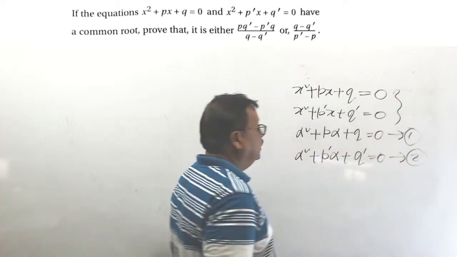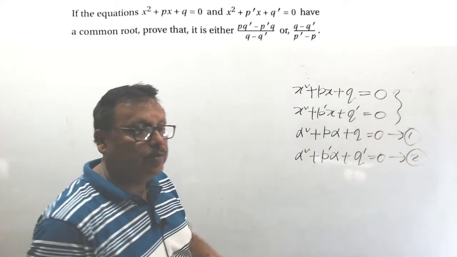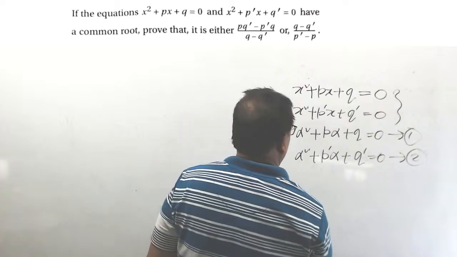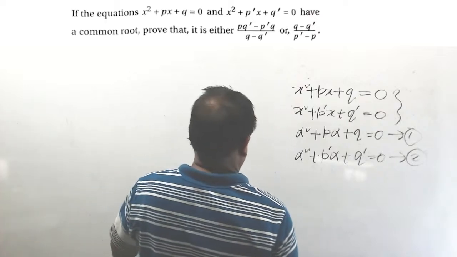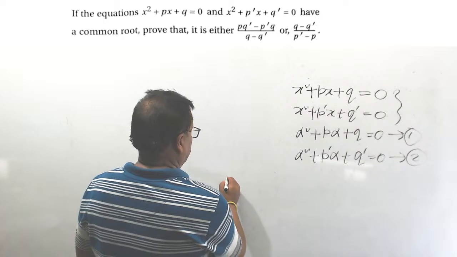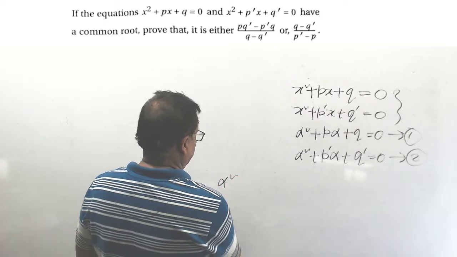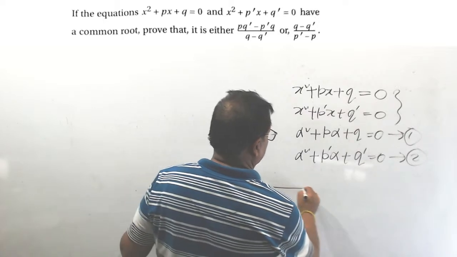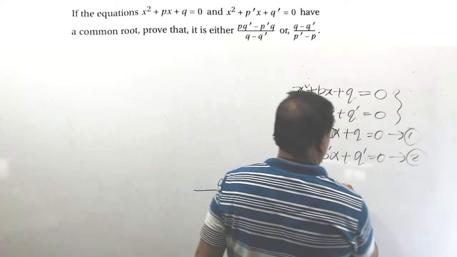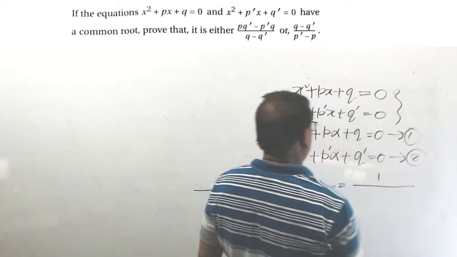Now which method? Cross multiplication method. Start. I'm writing here. Say alpha square, this equals to alpha and this equals to 1, right?